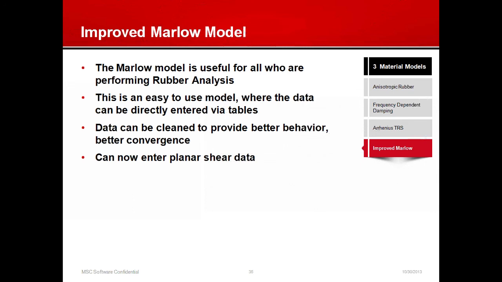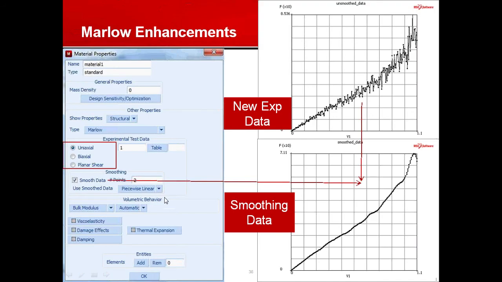It's nice because you can take the data from an experiment and directly go to the model. In 2013, we could take information from a uniaxial test or a biaxial test. We've now added the capability to use a pure shear test.